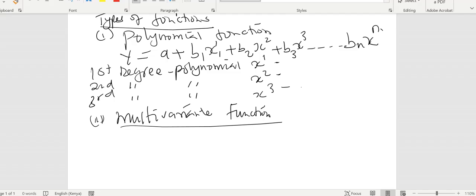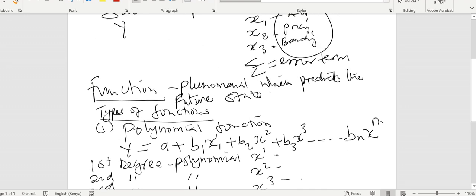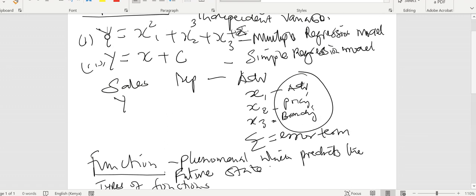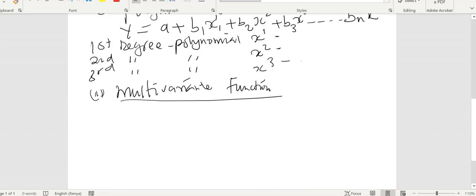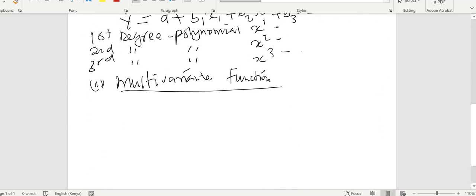So it is a function that has more than what? More than one independent variable, or a predictor. Okay, so a function like this one here is a multivariate function because we have more than one independent variable.